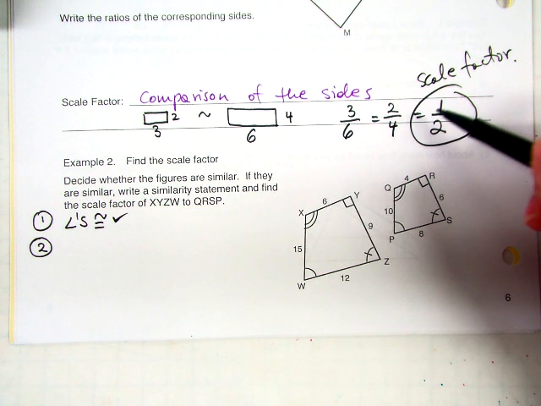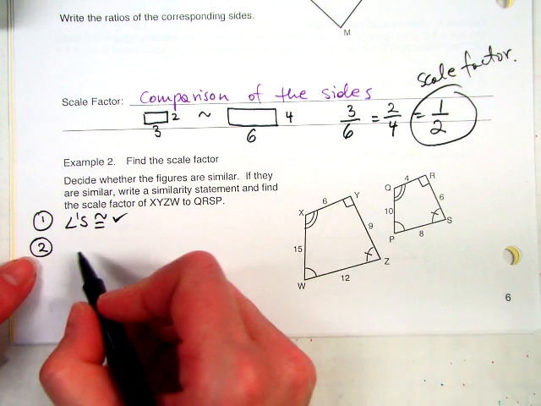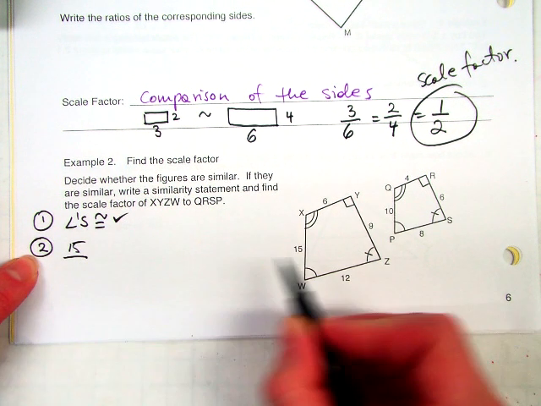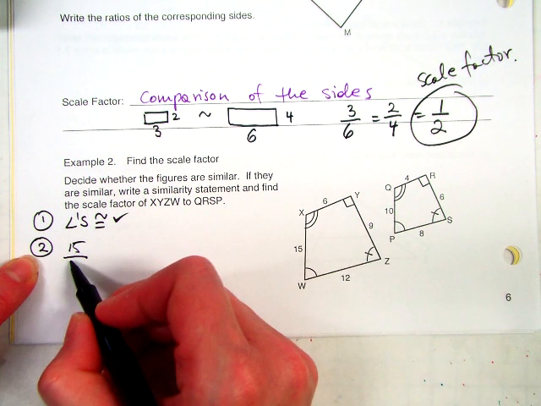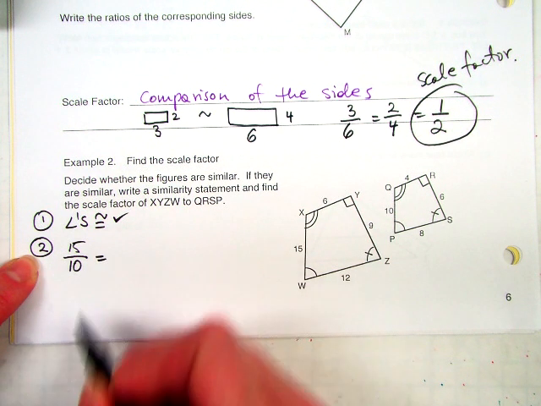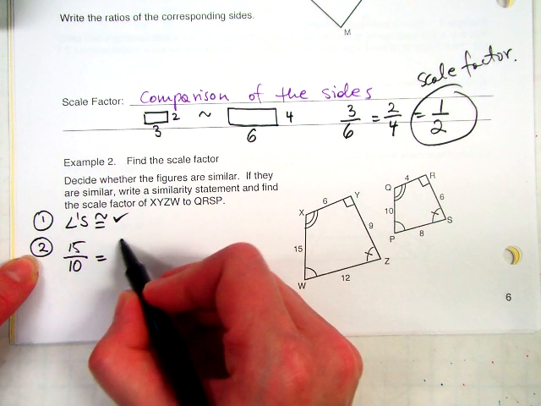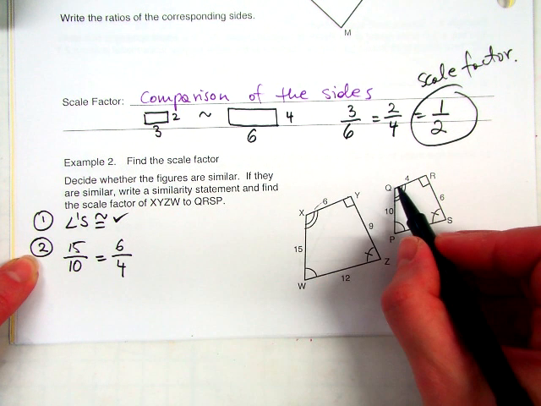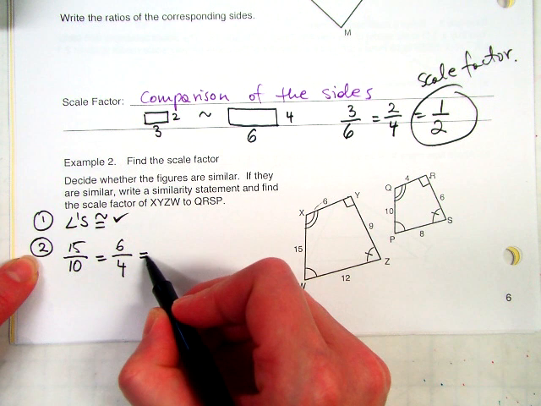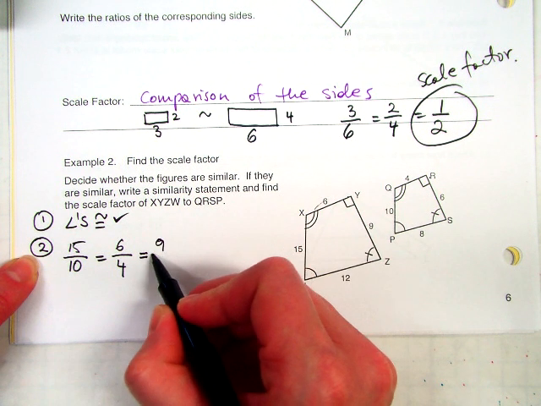in the definition. So I'm going to compare 15 over, now XW goes with QP. So 15 divided by 10 is the same as 6 over 4, because XY and QR go together. Now is that going to be the same as 9 over 6?